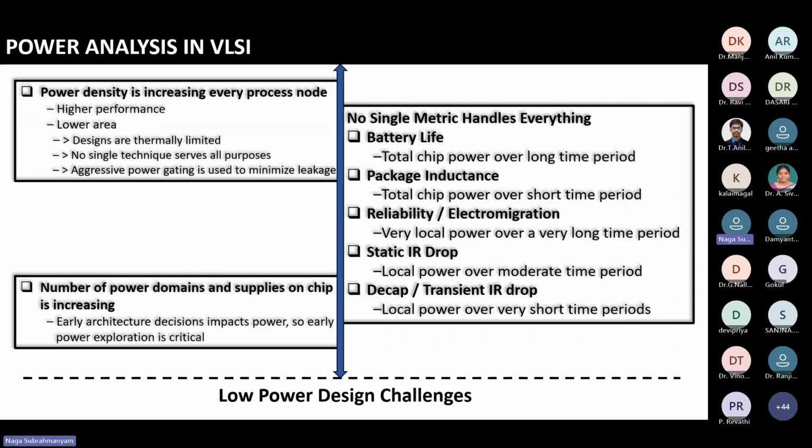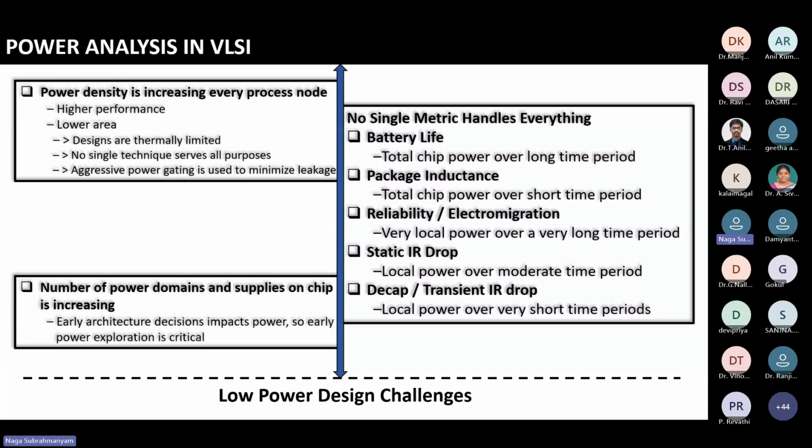And those need to be thermally limited, right? Suppose I'm using a Google Pixel phone. What I observed is that the battery drains very fast, it charges very fast, and it produces so much heat.